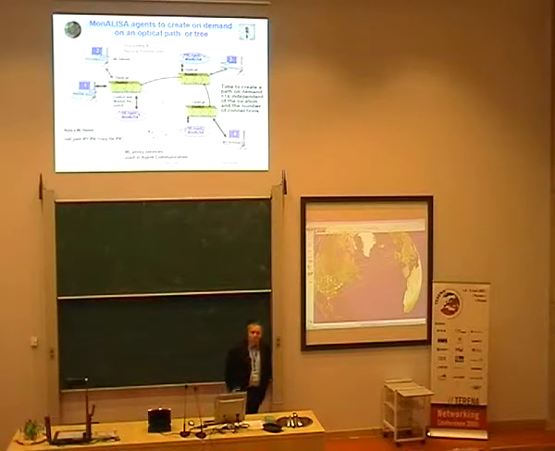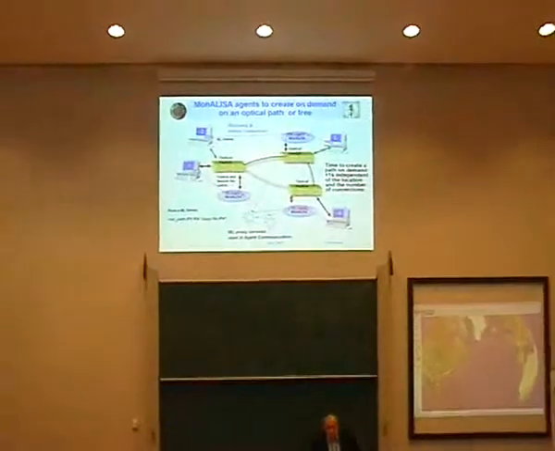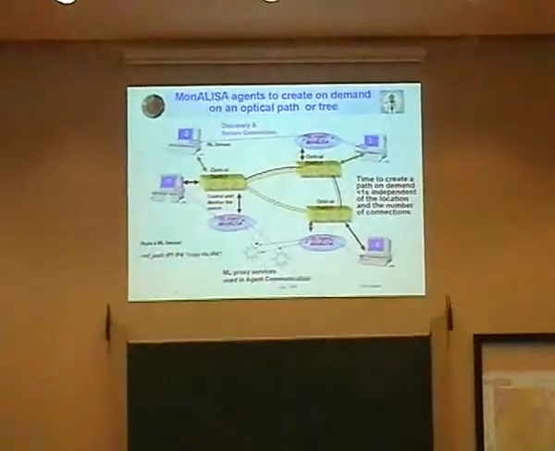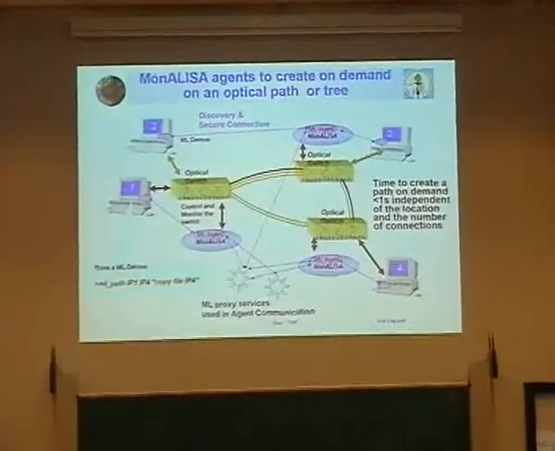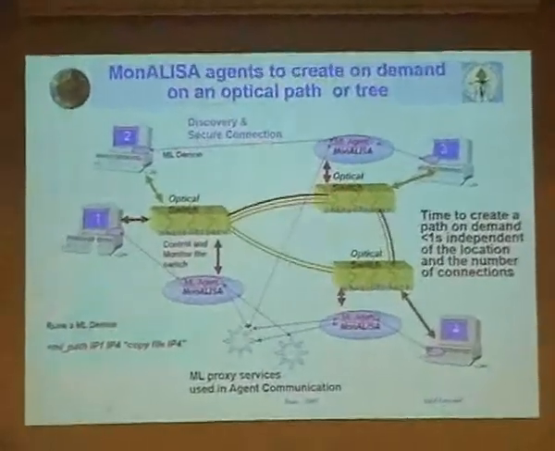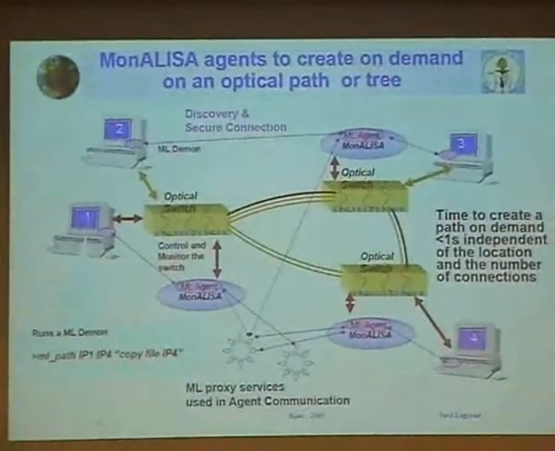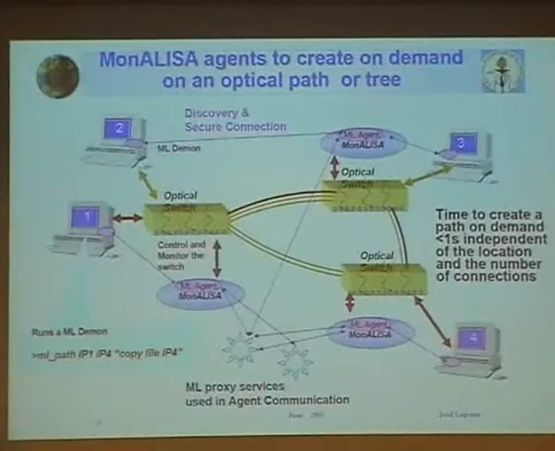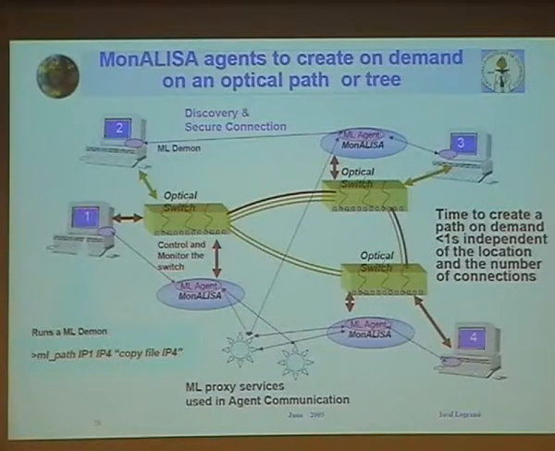Another example of using these higher level services we recently developed was to prototype an optical control plane agent distributed system, to practically provide end-to-end functionality in moving data, based on this type of on-demand optical path between different systems.